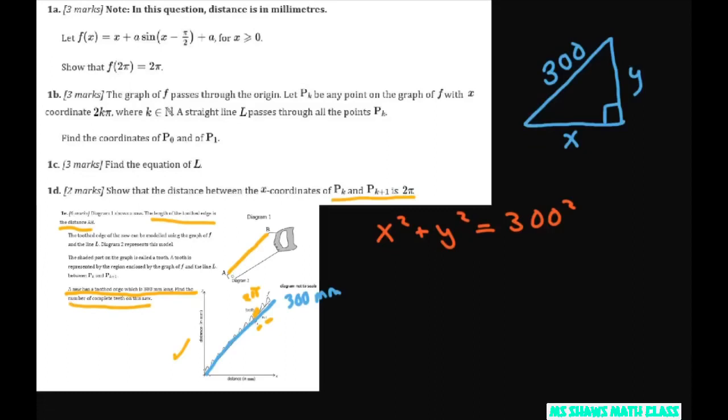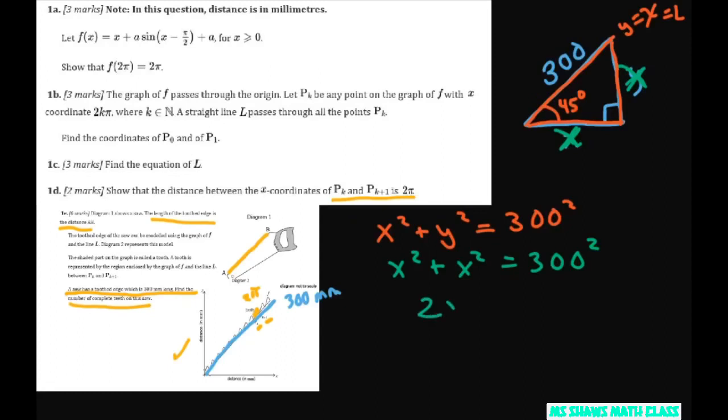In our case, since this line here is y equals x, that was your L, recall, that means these two sides are the same. This is 45 degrees here. So I can rewrite this as x squared plus x squared equals 300 squared. So we get 2x squared equals 300 squared.